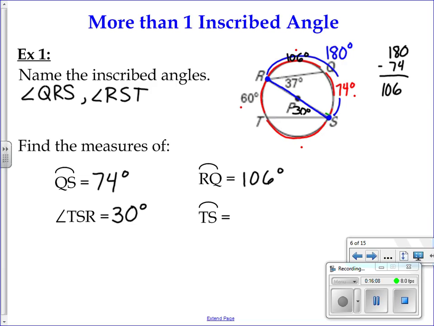Or you can think about semicircles again, because I could focus on the bottom half of the circle. I know that's going to equal 180. So we can just do 180 minus 60. That's on the left-hand side, which will give us 120.